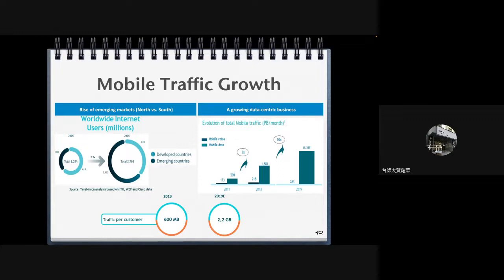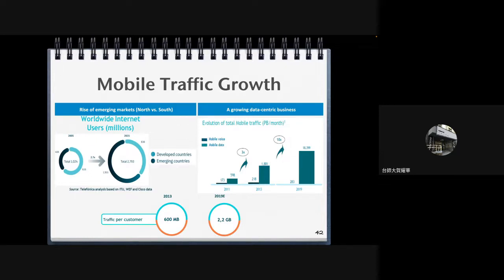Now, grow in the data centric of a business, they are jumping from 2013 to 2019, probably 10 times more of the data traffic. Now, traffic per user from 2019 per user in average per month is 2.2 gigabytes or more.